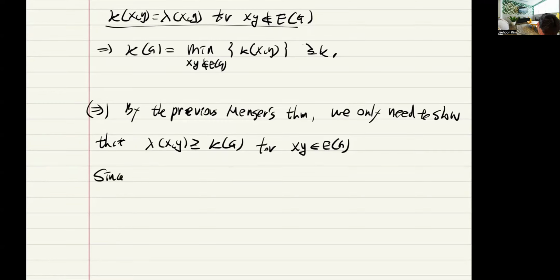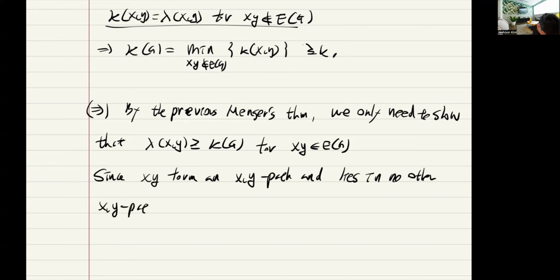But what we know is the edge xy itself forms an xy path, and it lies in no other xy paths.